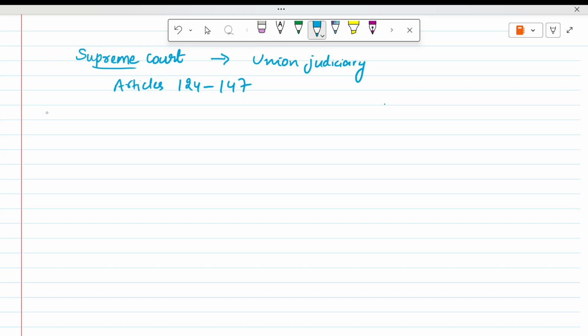First, in the Government of India Act 1935, there was the Federal Court of India. The Supreme Court replaced this one.